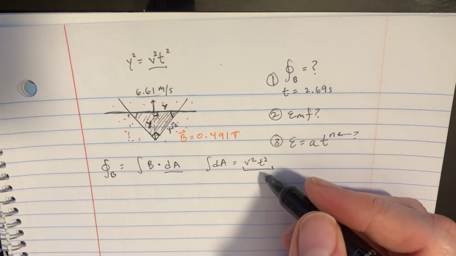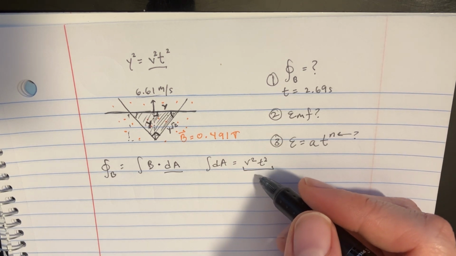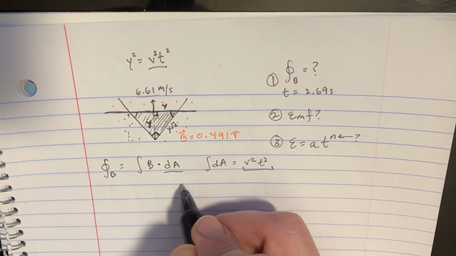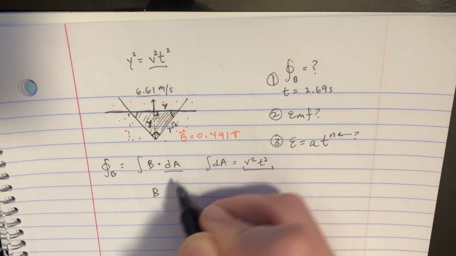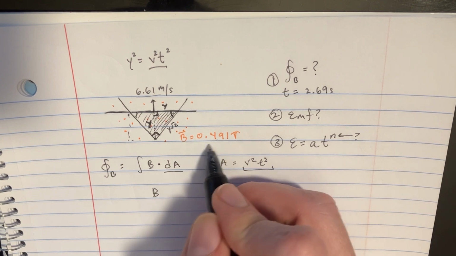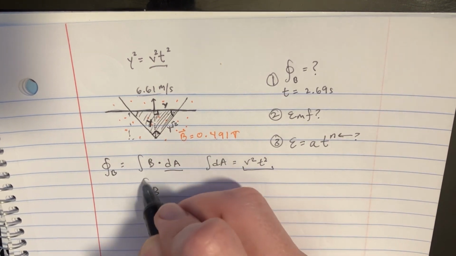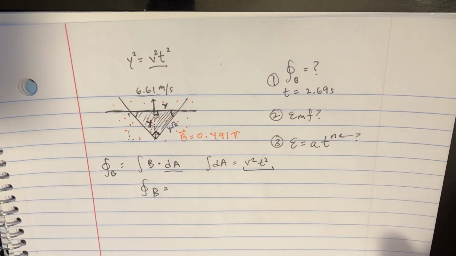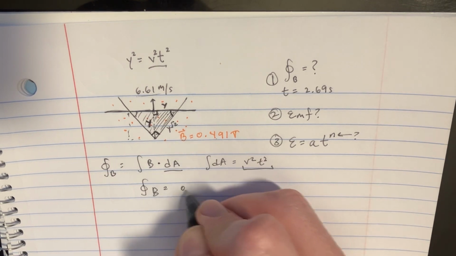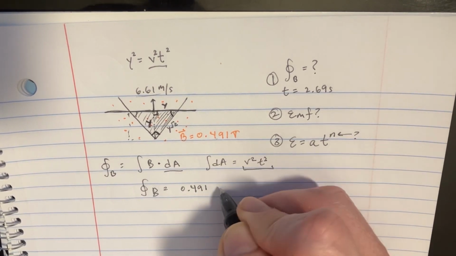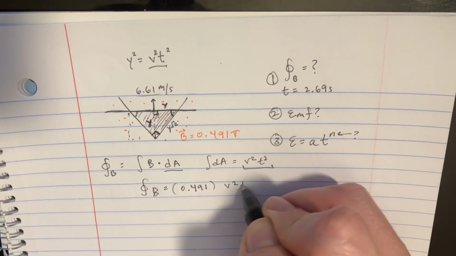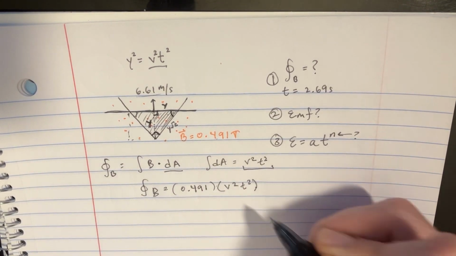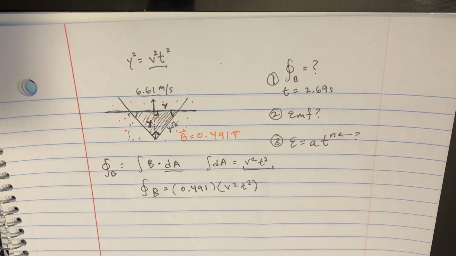Okay, so let's just go ahead and figure out what B is. We'll kind of just say the flux. We could actually figure out what the answer is here, because we got 0.491, and then we're going to multiply that by v squared t squared. So it should work.